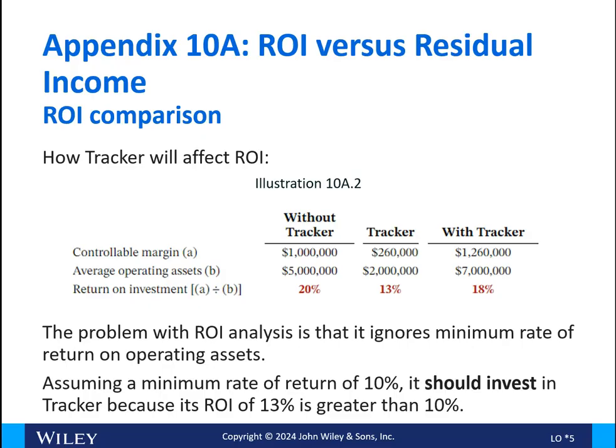Most companies have a minimum rate of return that they want to make sure new projects or new investments meet. If we assume that's 10% for this company, we should still invest in Tracker because the ROI of 13% on Tracker alone is more than that 10% minimum rate of return. Even though our total ROI goes down, we're meeting our minimum return on this project, so we should go ahead with it.